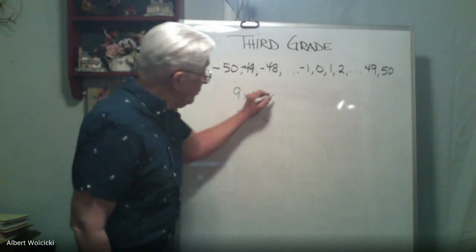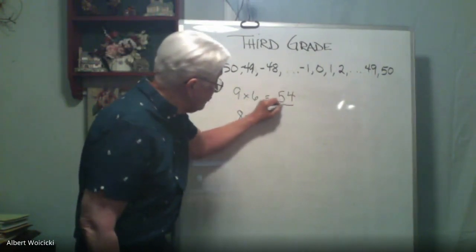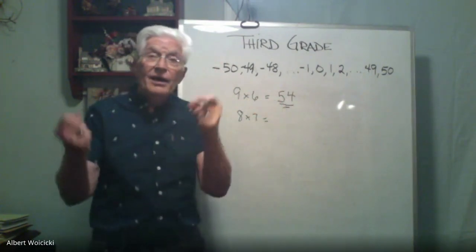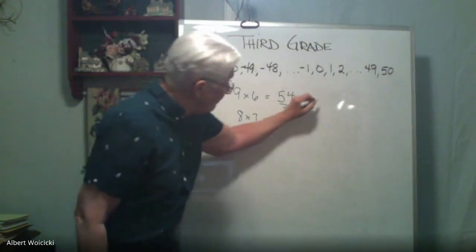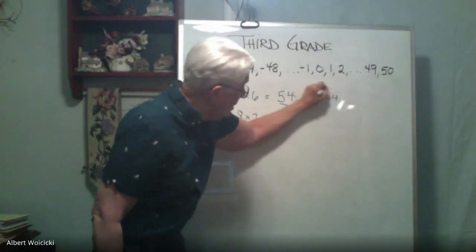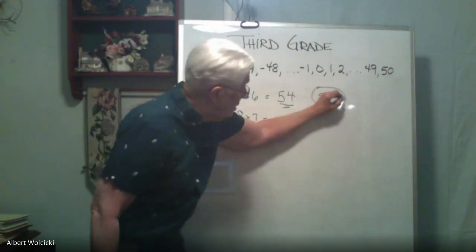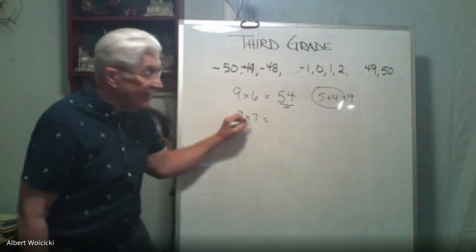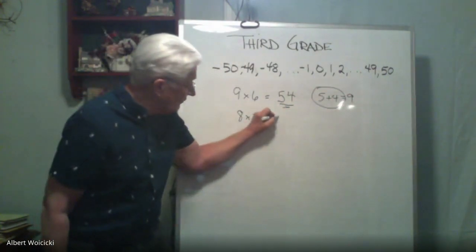So we do get 54 here, and those 2 digits add up to 9. 5 plus 4 is 9. Now here, 8 times 7 is 56.